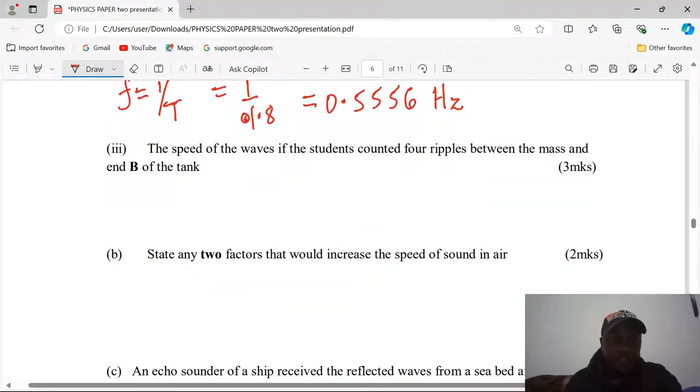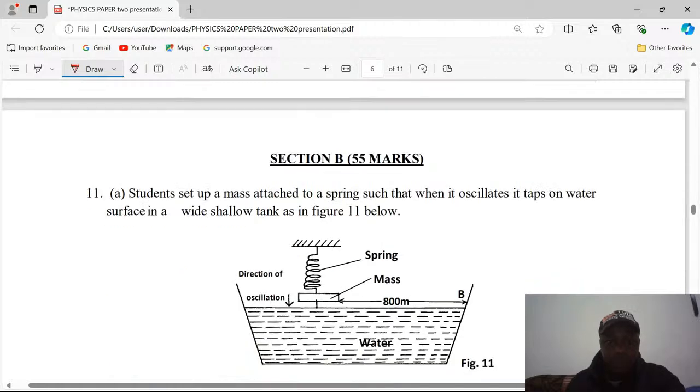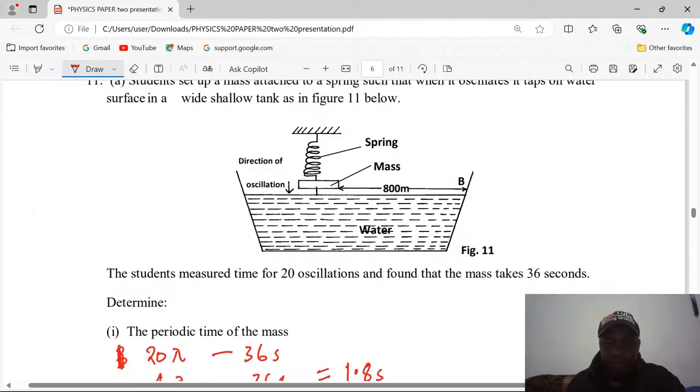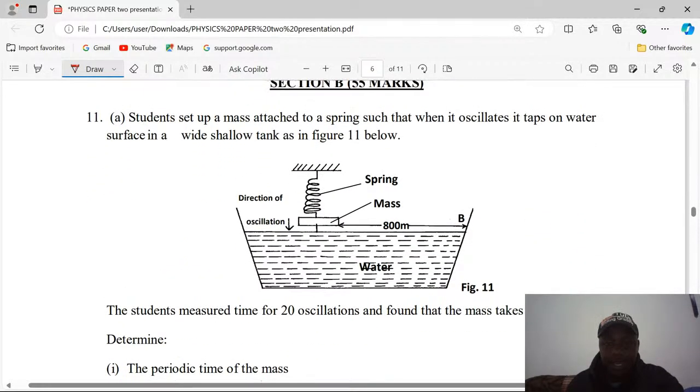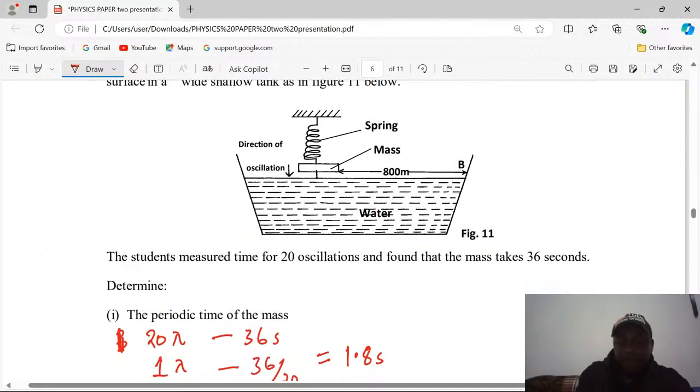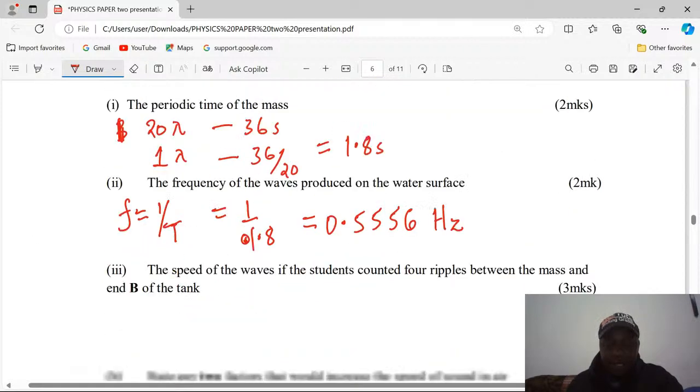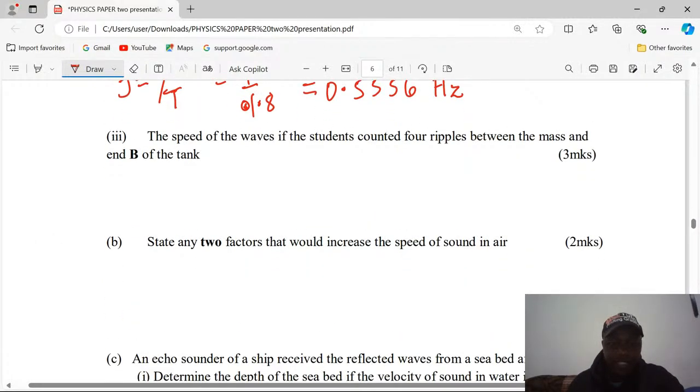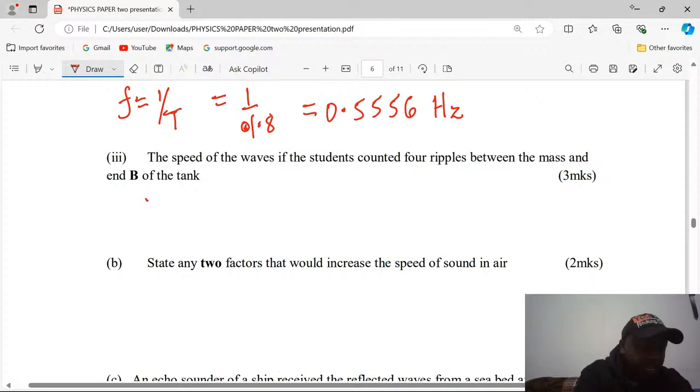Number 3, the speed of the waves if the student counted 4 ripples between the mass and the end of the tank. You can see that there is 800 meters. So speed V is given by the distance over time taken.